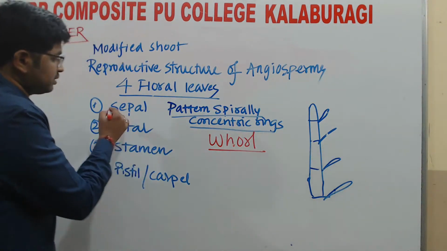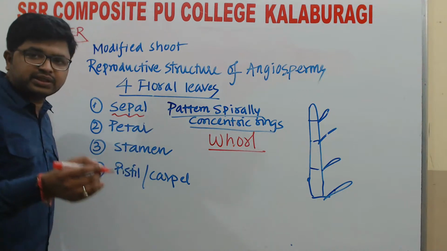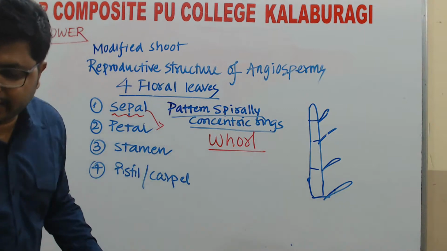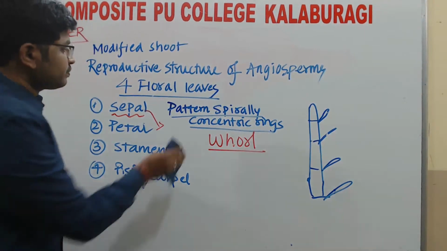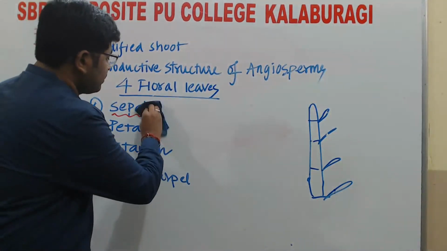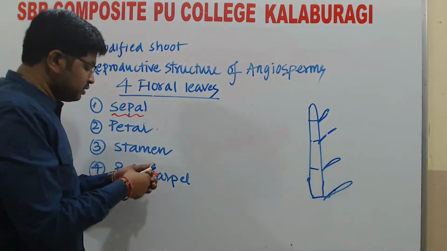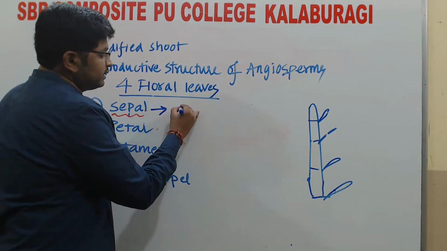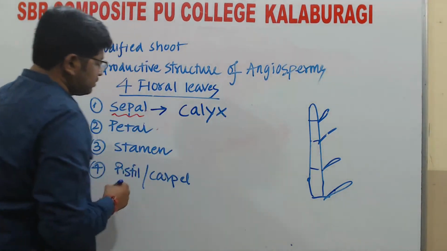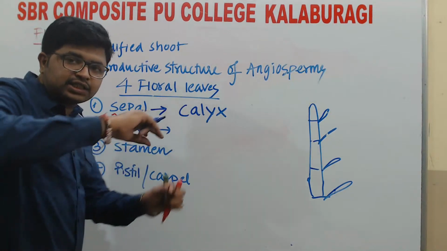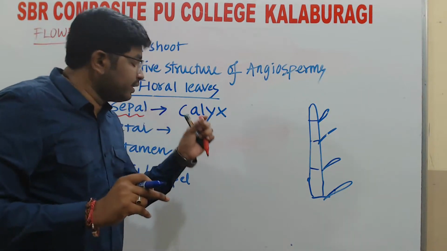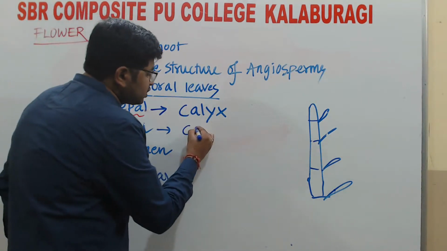When sepals are collected, a collection of sepals, we call it the calyx. Petals, when they are arranged spirally or in concentric rings, it becomes a whorl, and the name of that whorl we call corolla.